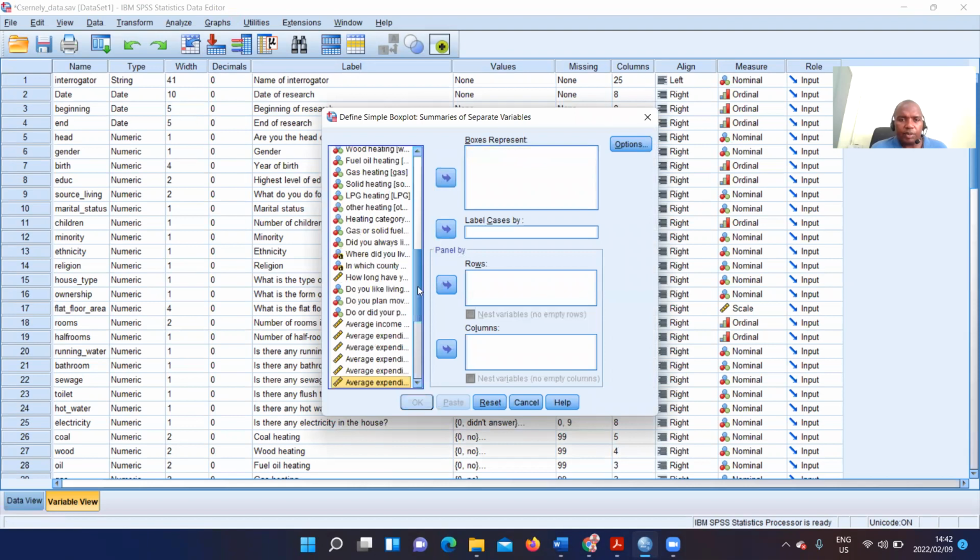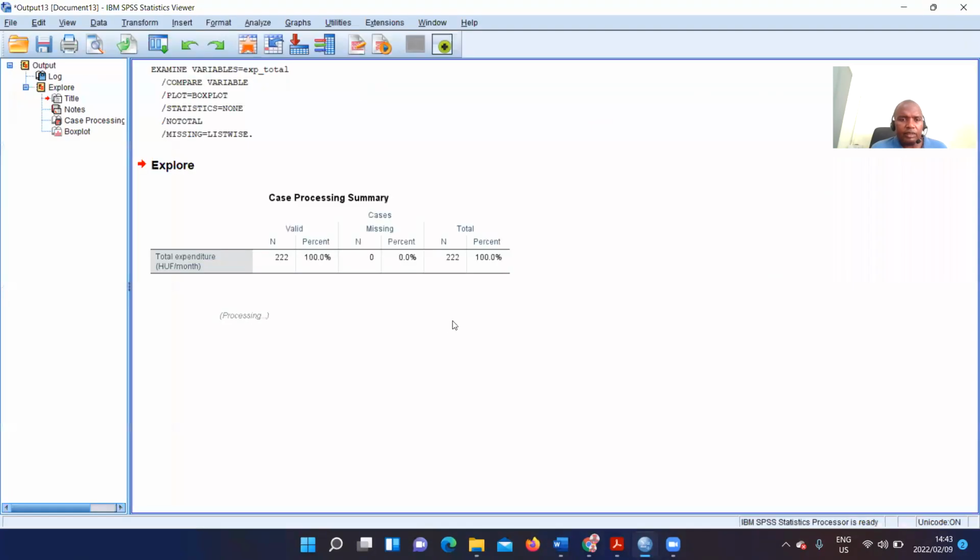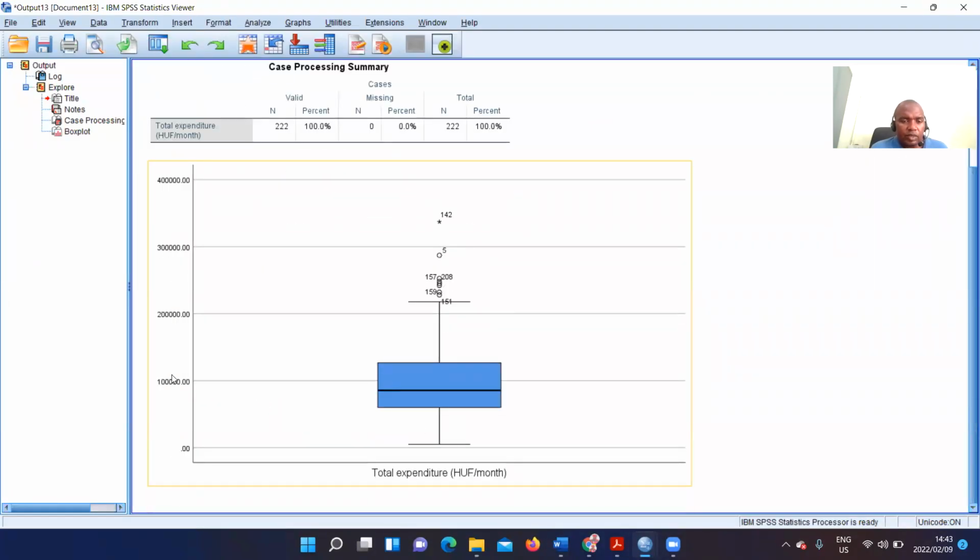It's now total expenditure on everything that we're interested in. And then we click OK. Our box plot shows us that total expenditure hovers around 100,000, which is what we saw, that the average was in excess of 99,000.